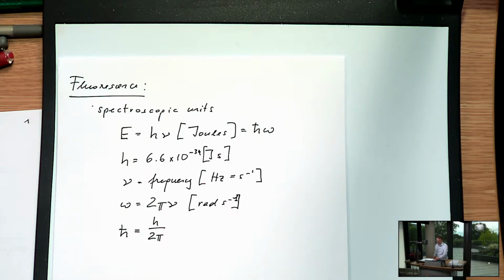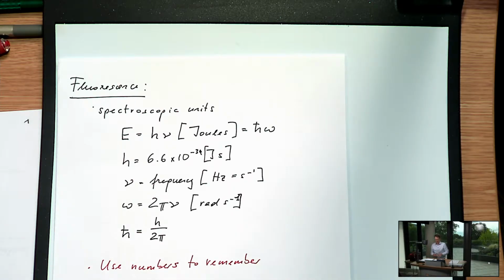And so some useful numbers to remember, and I do urge you to become familiar with them. It makes life so much easier, because the problem with this course is that we're dealing with either very, very small numbers or very, very large numbers. The frequency of light is an enormously high number, because a light field oscillates so quickly in time. And so when you make calculations, it is very hard to have a feel whether the numbers that you get in the calculation are meaningful or not.